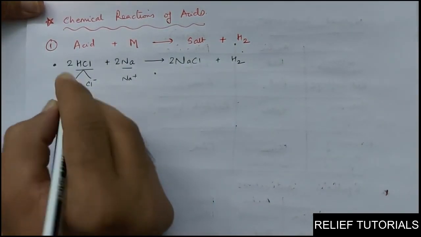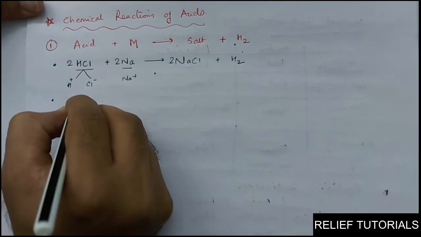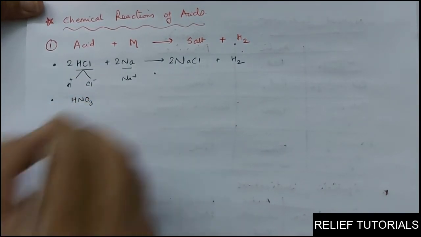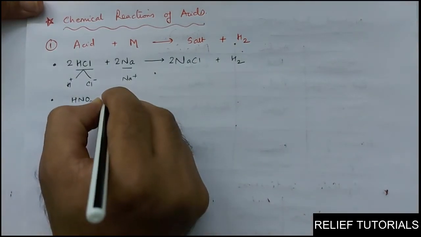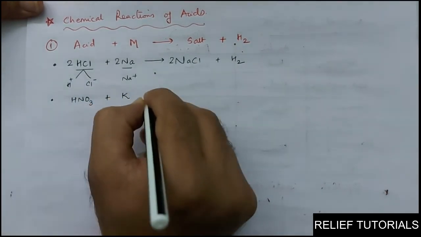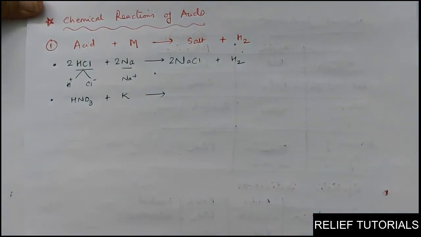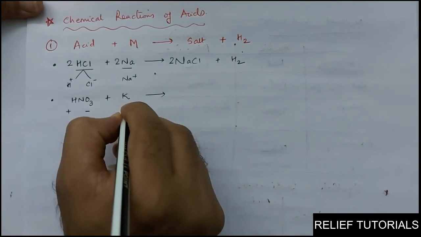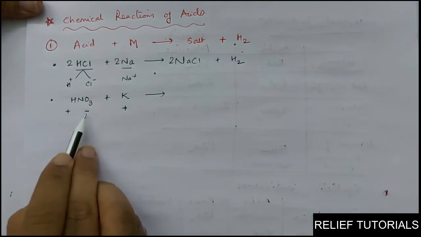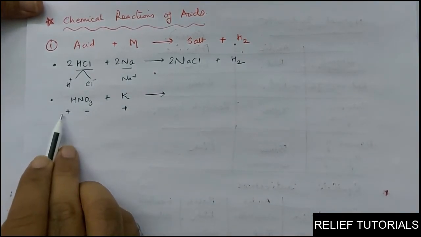There is another example. Let us say another acid as HNO3, nitric acid. Nitric acid reacts with one of the metals called potassium. Here H plus, NO3 minus and K plus. Now K plus reacts with NO3 minus because hydrogen is liberating.